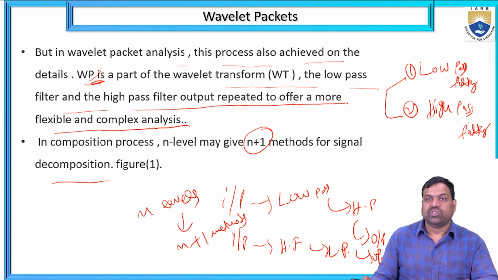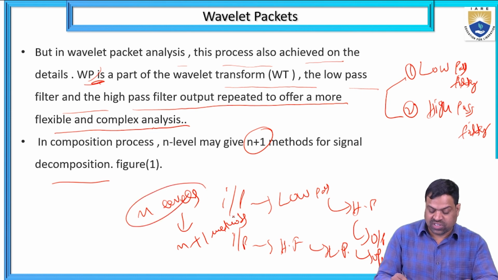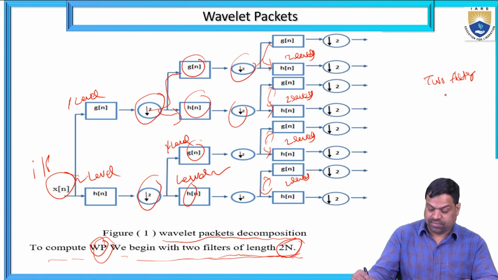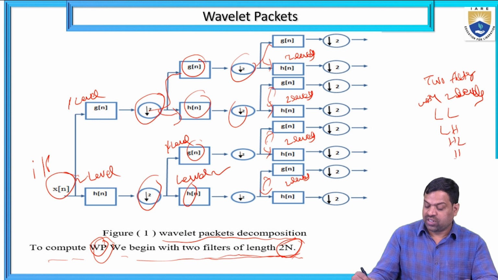And the wavelet packet transform is a part of the wavelet transform, with the low pass and high pass filter outputs applied repeatedly to offer a more flexible and complex analysis, with n levels and n plus 1 methods. It is the wavelet packet decomposition, to compute which we begin with two filters. Two filters with two levels means LL, LH, HL, HH.